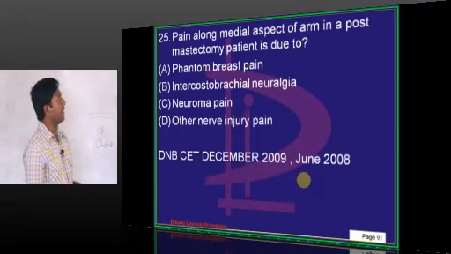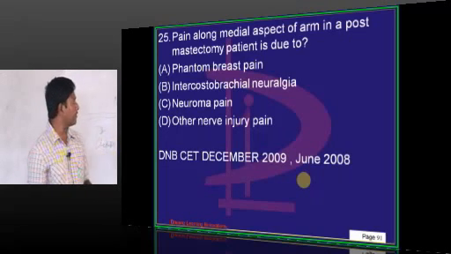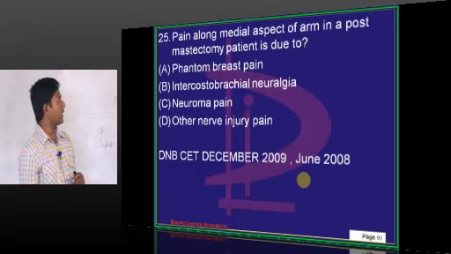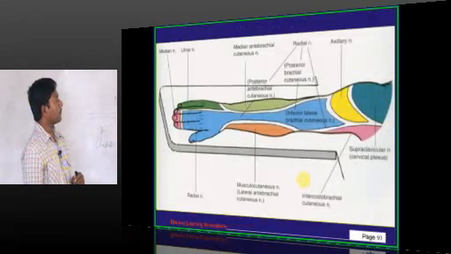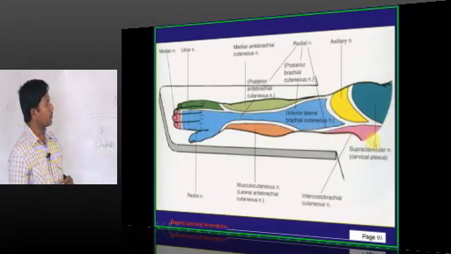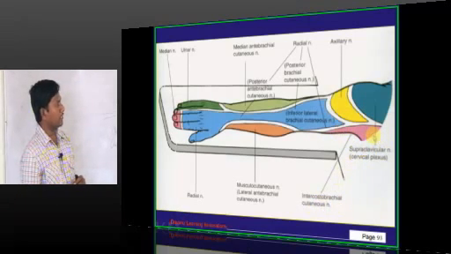The pain along the medial aspect of the arm in a post-mastectomy patient is due to? Which nerve gets injured? ICBN, intercostobrachial neuralgia. This is the common area where you get this neuralgia, this axilla and this area.